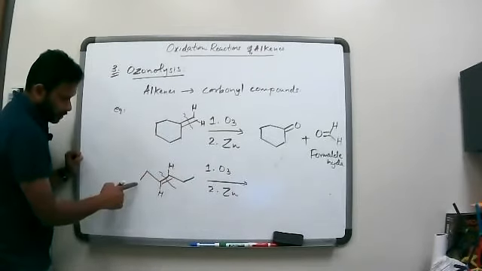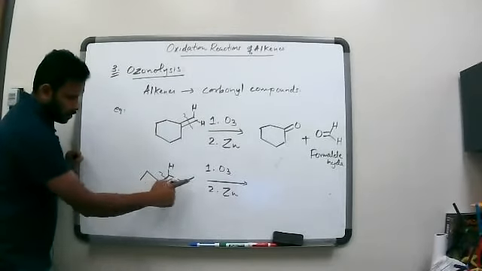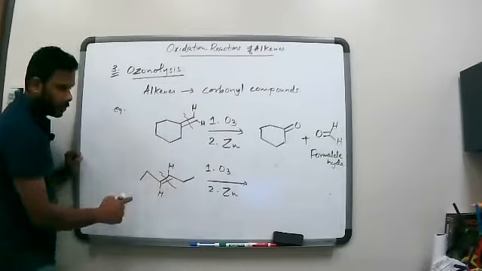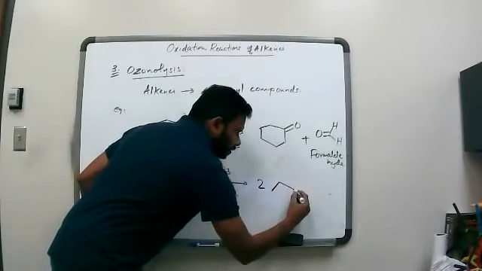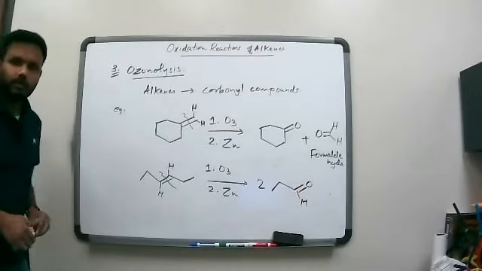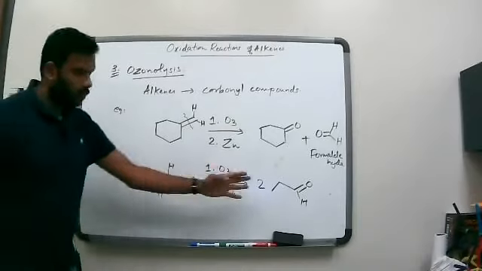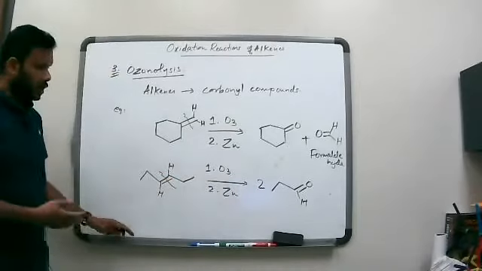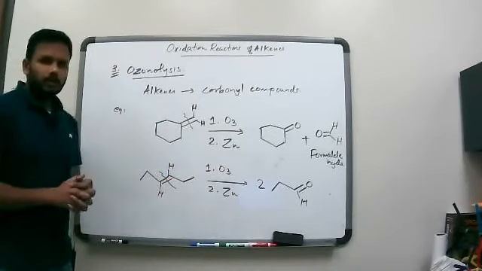In this particular case, I have 1, 2, 3 carbons to that double bond, 1, 2, 3 carbons to that double bond. So that means from this reaction, I should get two molecules of this aldehyde. That will be my product. Now, that's because the molecule was symmetrical. That's why I got two molecules of the same aldehyde. If it were not, then I would get different aldehydes. So that's the ozonolysis reaction.